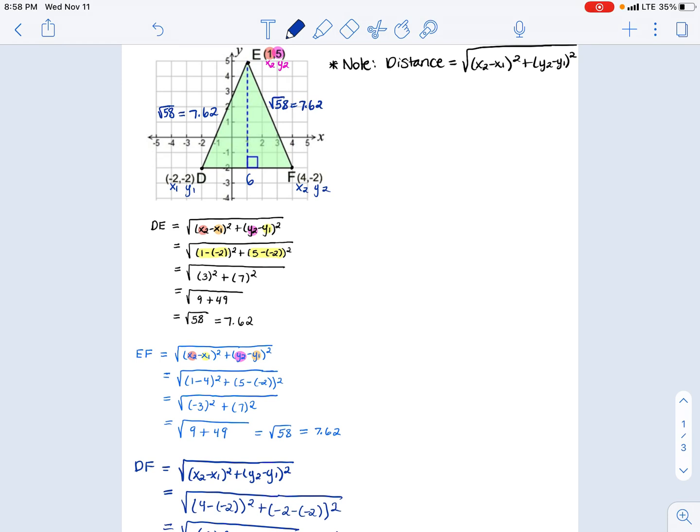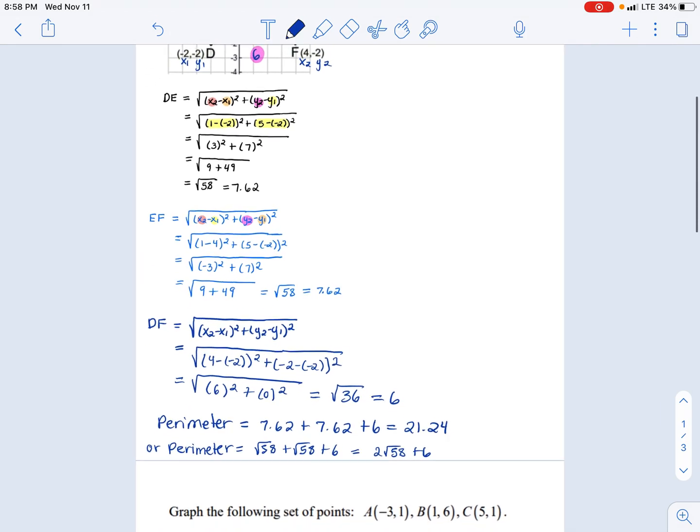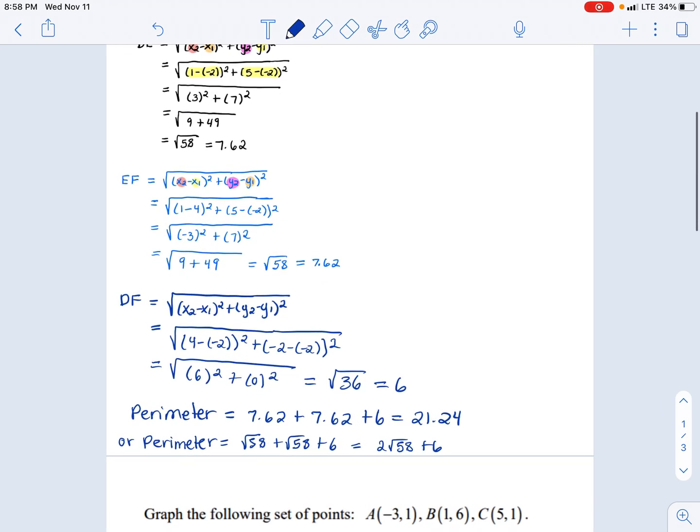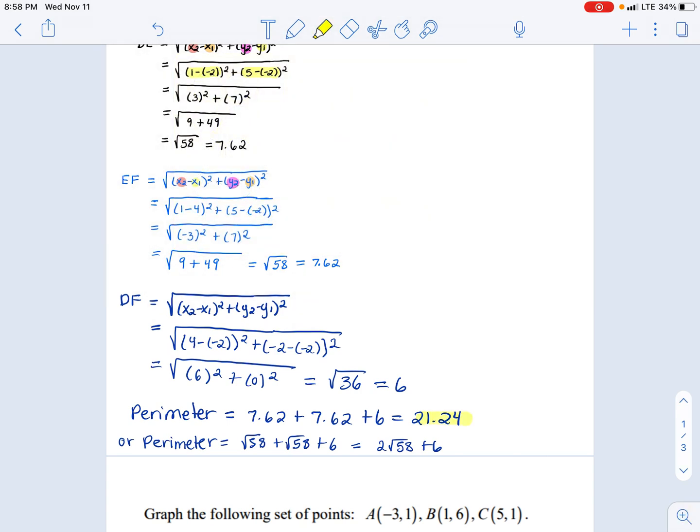And so instead, I just said, well, it's the square root of 58 plus the square root of 58 plus 6, instead of saying 7.62 plus 7.62 plus 6. Okay, so it's equivalent. These are both correct answers, but I'm just showing you what you could possibly see as the answer. You could see 21.24, or you could see 2 root 58 plus 6.